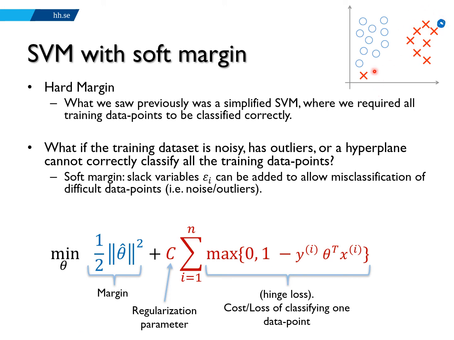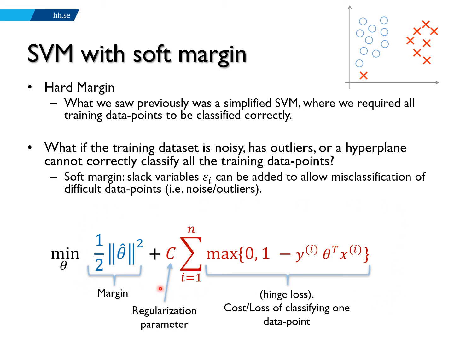So it's not possible to draw a line or to have a linear classifier that correctly classifies all those training examples. So instead of considering a hard margin, we can consider a soft margin where we allow some training examples to be misclassified. And to do this, we define a new cost function, which looks like this.